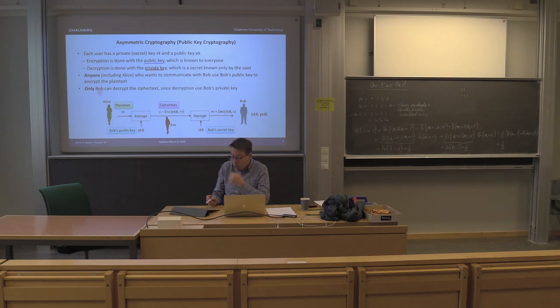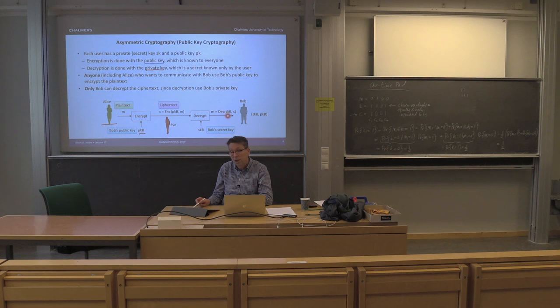Okay. So in a setup like this, we have Bob. He has a secret key and a public key. Alice knows Bob's public key. She knows it, Eve knows it, everyone knows it. Okay? So the public key is used to encrypt the message M from Alice to Bob into ciphertext C. It's decrypted by Bob using Bob's secret key. Okay?